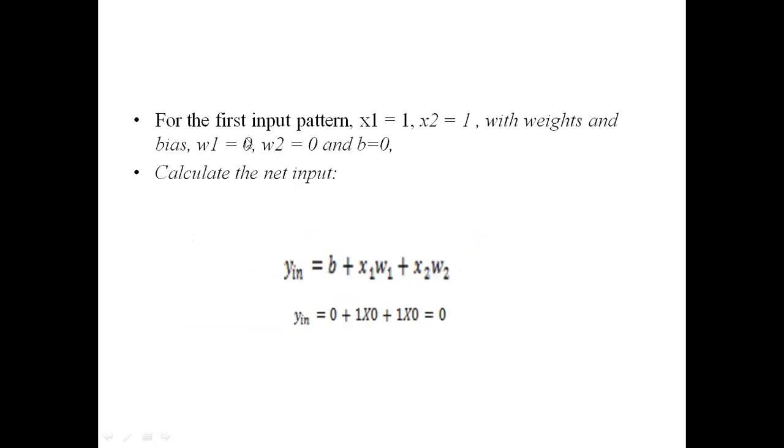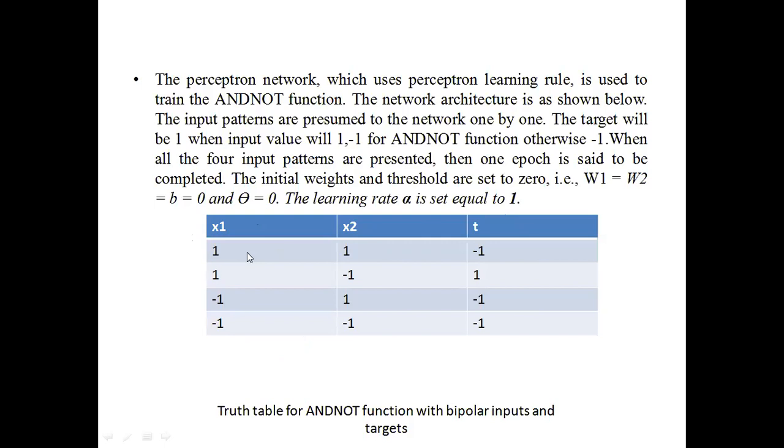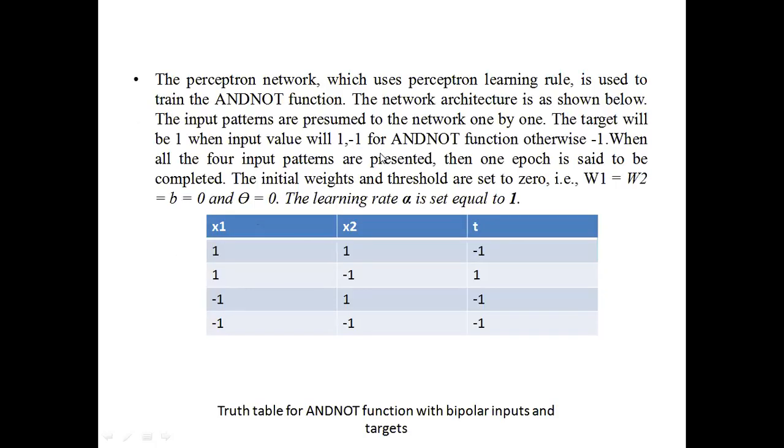Next, for the first input pattern, x1 is equal to 1 and x2 is equal to 1, as in the truth table. We consider this with the weights and bias W1 equal to 0, W2 equal to 0, and B equal to 0 initially, because initially we treat W1, W2, and B as all 0.